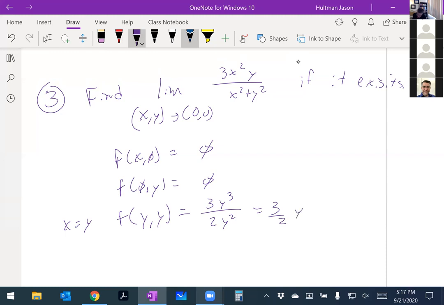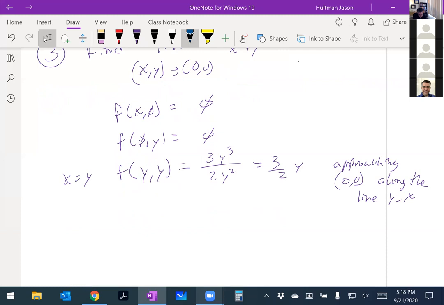But we're saying that we want this thing to go to 0, 0. So y is going to 0. So as y goes to 0, we're approaching 0, 0 along the line y equals x.